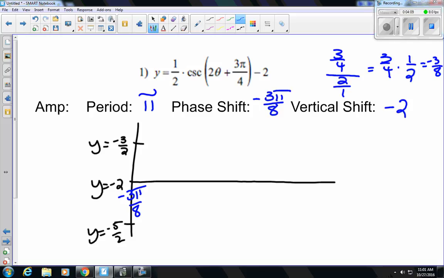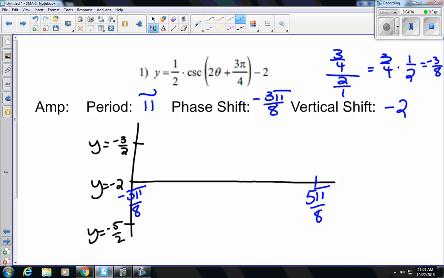So if the period is pi and the phase shift is -3 pi over 8, I can do this in my calculator, but wouldn't it be easier to just make pi 8 pi over 8? And so if I do that, 8 over 8 and -3 over 8, so this should be 5 pi over 8.